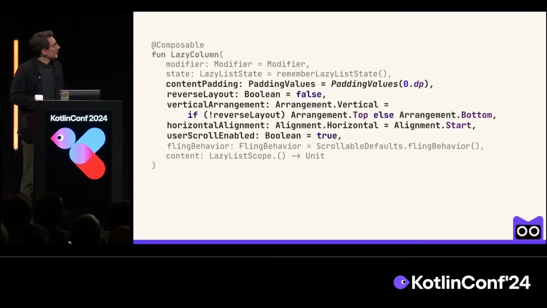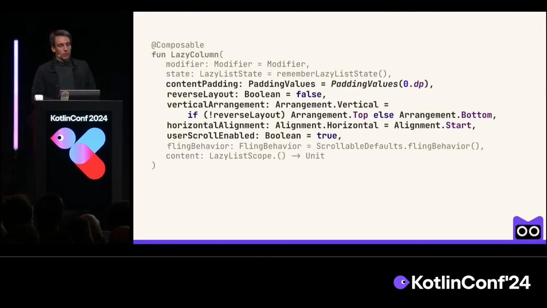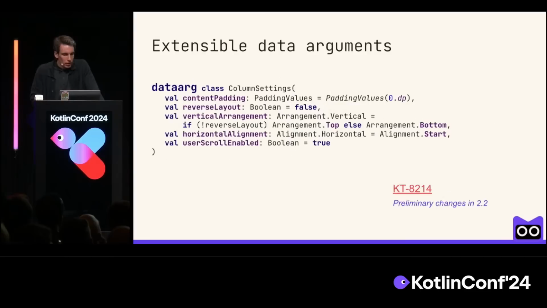But if we take a closer look at our function, we can notice that many parameters are just settings that are shared between similar UI components. So we propose a solution that follows the idea of having a class to represent the arguments.